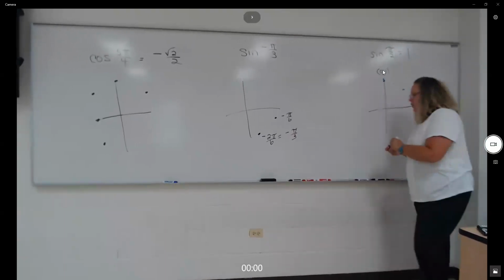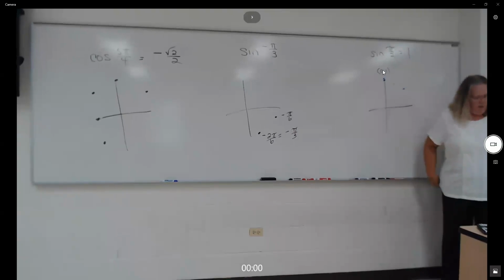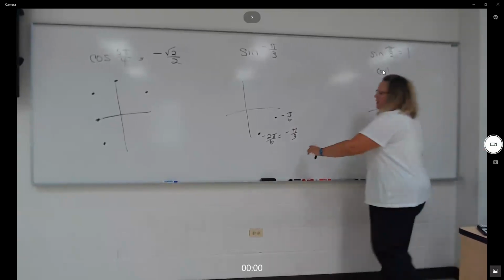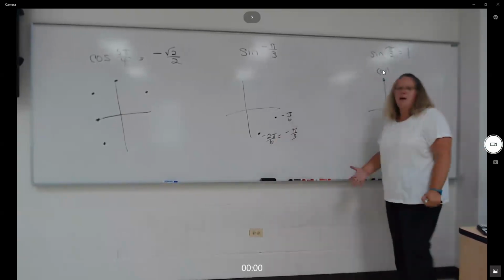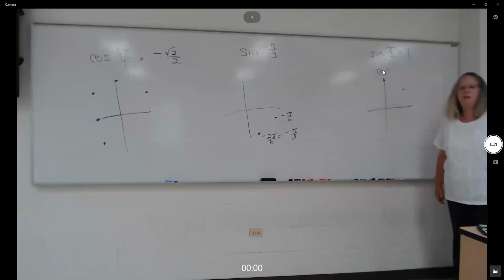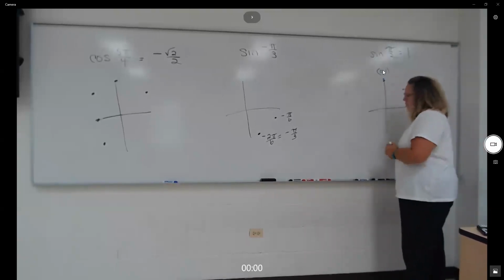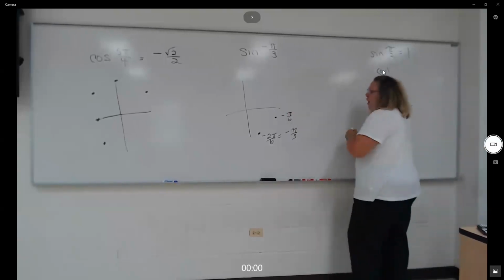And then, so that's the same as what? We would be looking at positive 5 pi over 3. We should have marked that off at 10 pi over 6, and then the next one would have been 11. So negative, we're going down. Sine is the y coordinate.